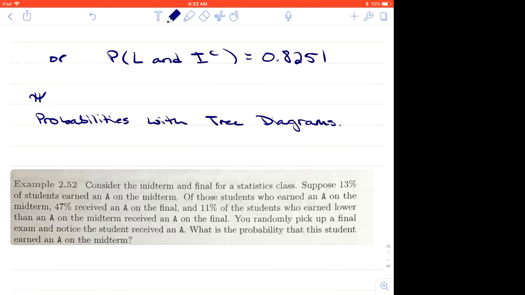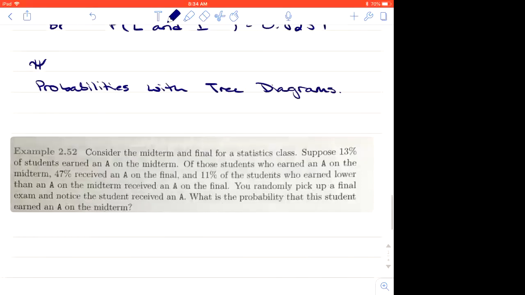So first you write the midterm, either you got an A or you didn't, and then regardless, there's another set of branches on either one of those branches, where you write the final and you either get an A or you don't. And so we have this tree of probabilities.